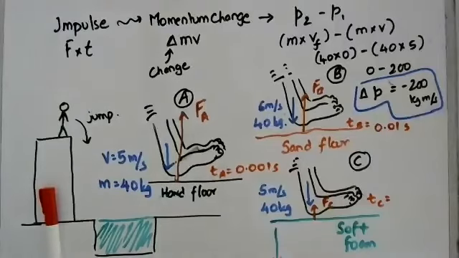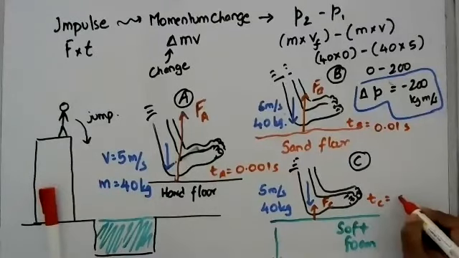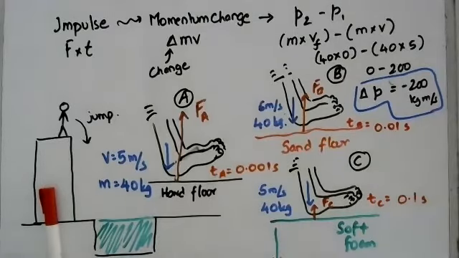And for the soft foam to do that same task, I say it is 0.1 second, 1/10th of a second. You may or may not agree with this, but I'm just throwing some numbers into it. Now that we know the time intervals involved, we can work out the rate at which the momentum goes down.